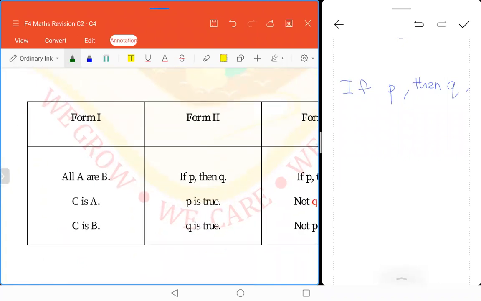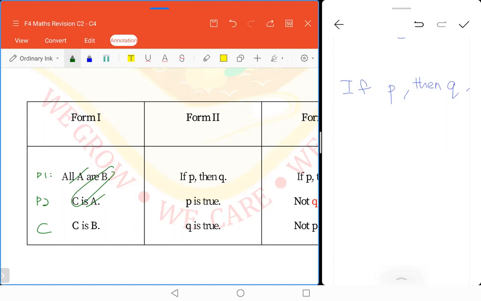All A are B. This is premise 1. Premise 2, then this is the conclusion. All A are B. C is A. Because it's repeated, cancel off. So C is B.